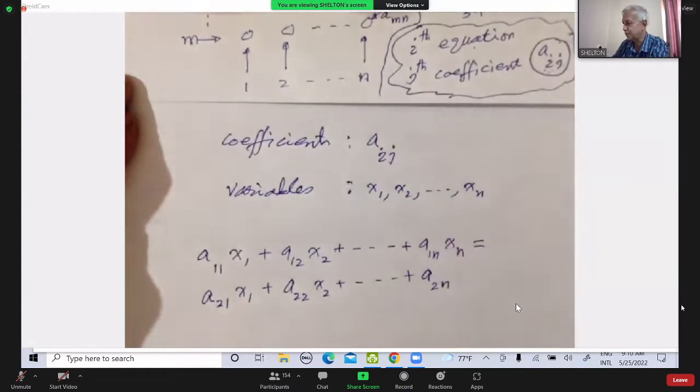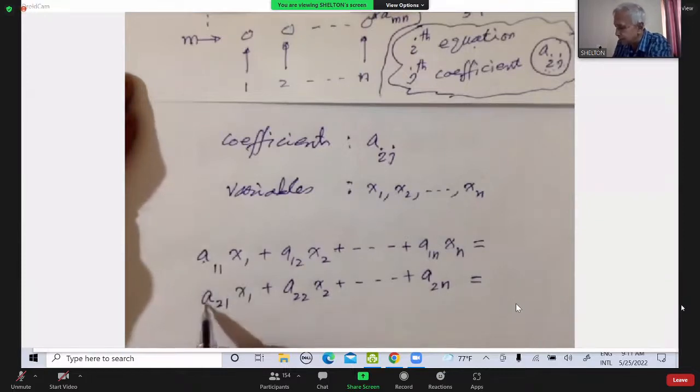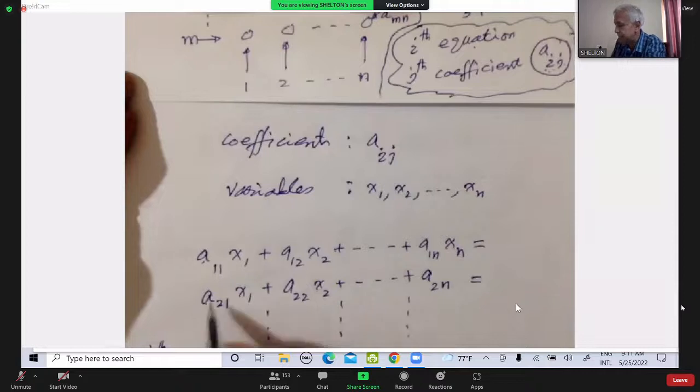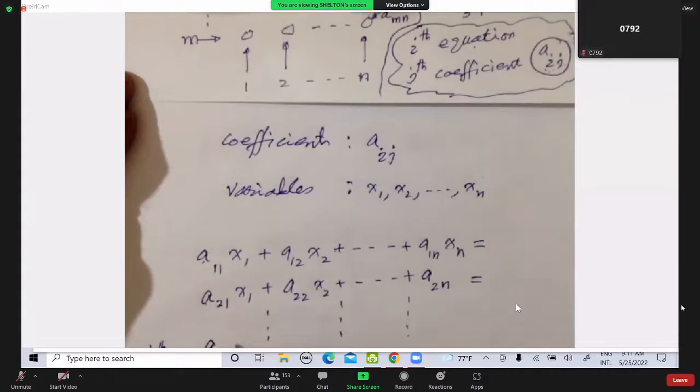Ith row, jth coefficient. Tell me the ith equation. First equation, second equation, I now need the ith equation. So what is this coefficient? The ith equation, Ai1, very good.